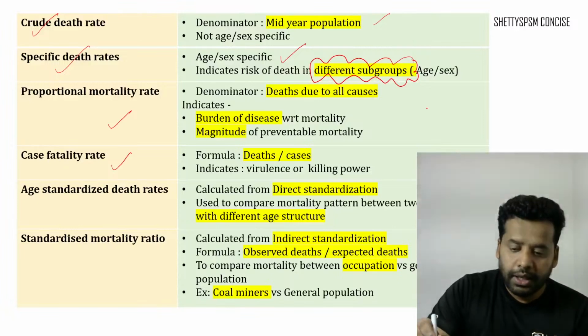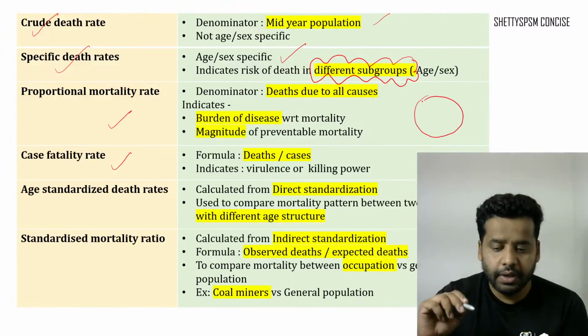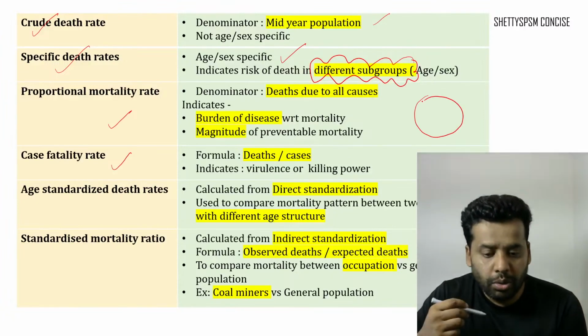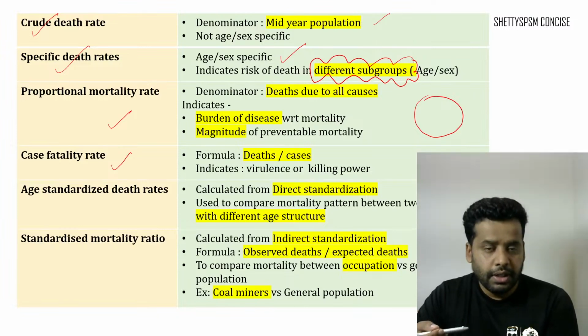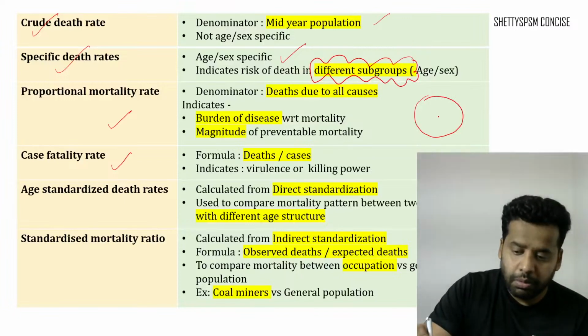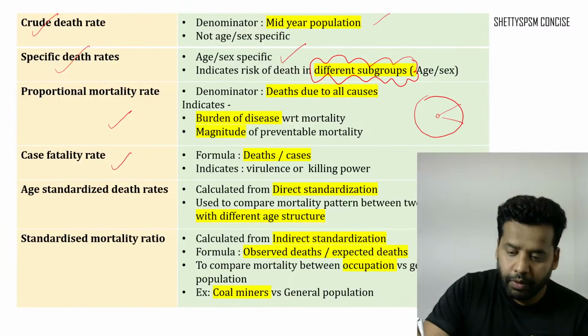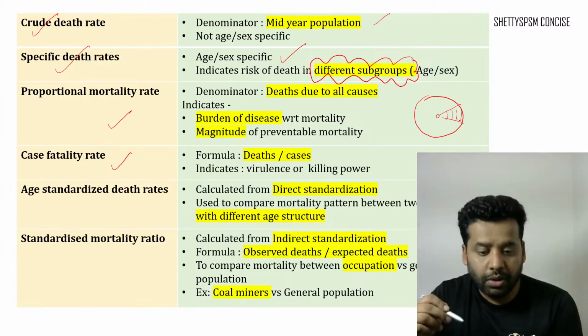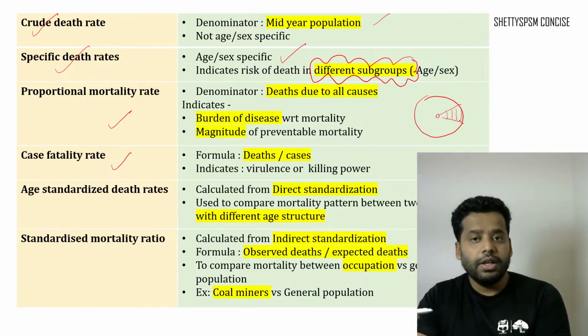Then we make a pie chart. Out of total deaths which happened due to all the causes, TB will contribute how much? We make one pie chart. So the contribution of TB in total deaths.